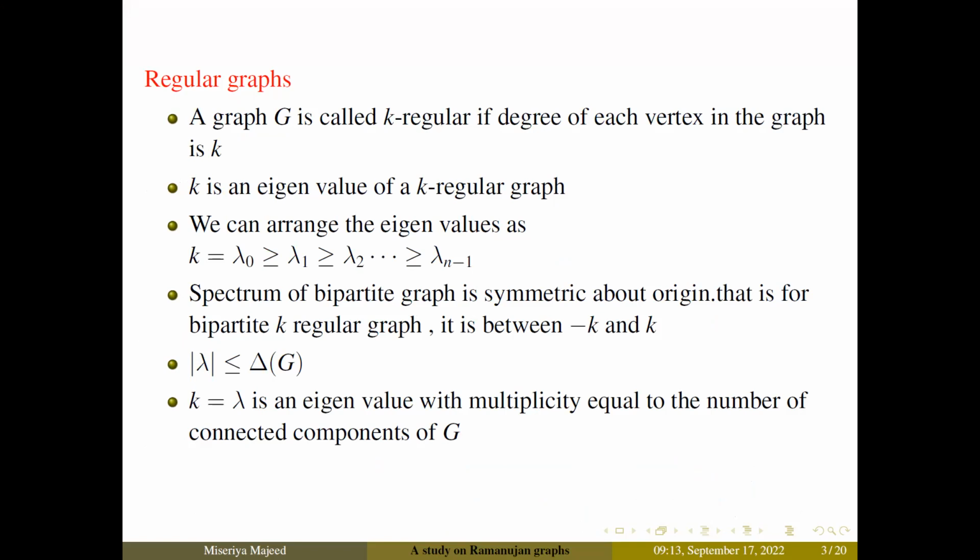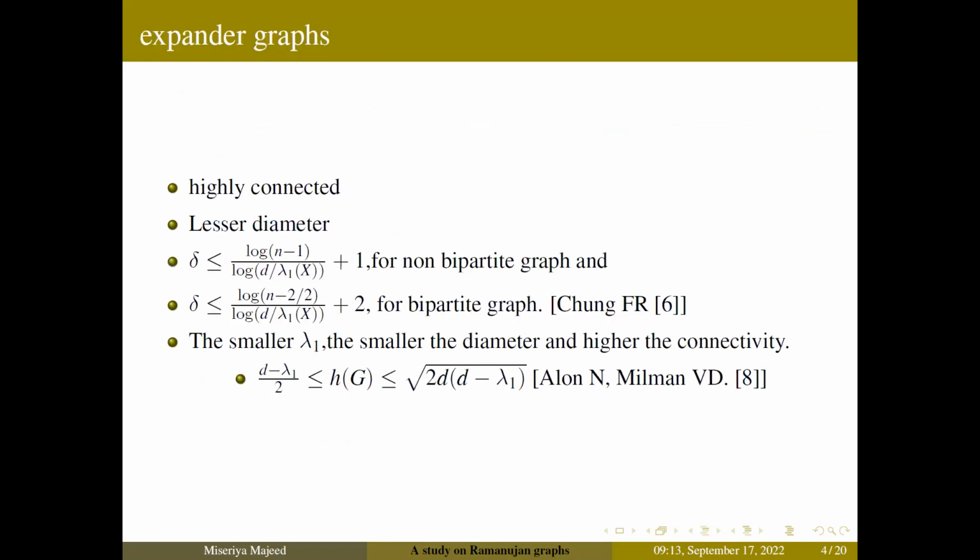That is, for a bipartite k-regular graph, it is between minus k and k. All the eigenvalues are always less than or equal to delta of G, which is the maximum degree of the graph. k equal to lambda 0 is an eigenvalue with multiplicity equal to the number of connected components of G.